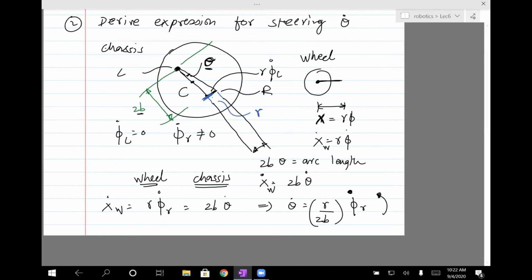We can use the same argument for the wheel turning the other way, which is now saying that the right wheel is at rest and the left wheel is turning.